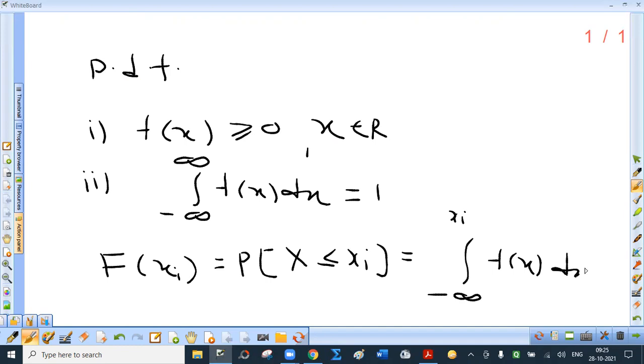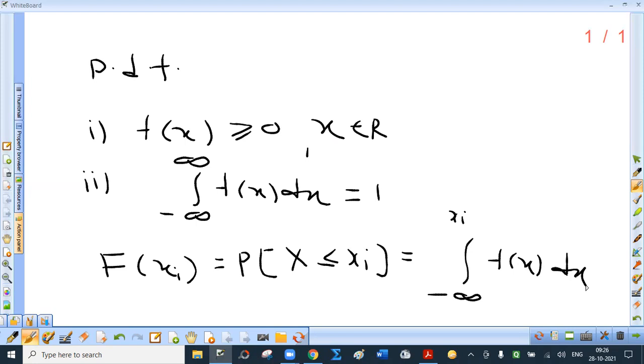I'm surprised that in the exercise not a single sum is given on this cumulative distribution. In case of discrete also, maybe it is covered in that miscellaneous exercise, but just remember this definition. Okay, so this is about probability density function.